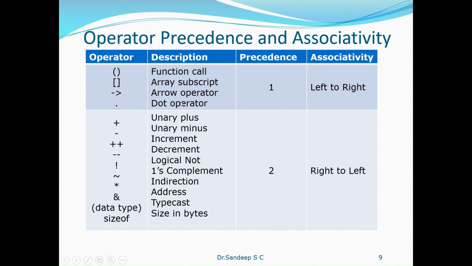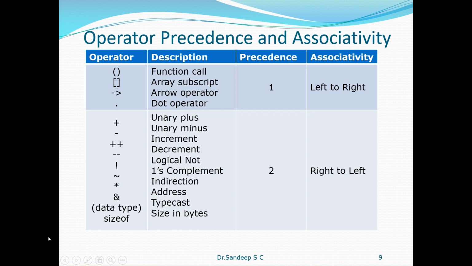Function call, array, arrow, and dot operators have the highest precedence and are evaluated from left to right. Whereas most of the other operators, like unary plus, unary minus, increment, decrement, logical not, one's complement, indirection, and address, also have a precedence too.